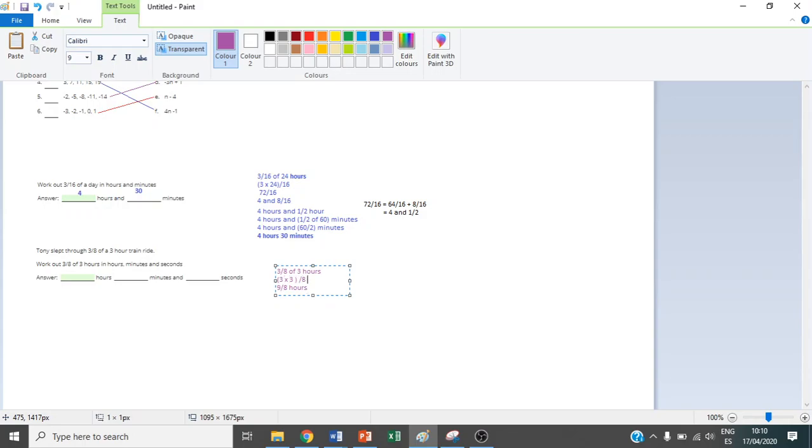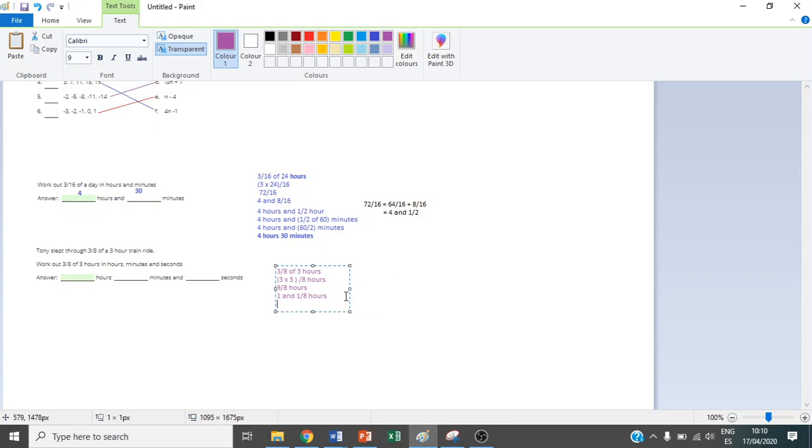Okay, so I need to think that's a top-heavy fraction. I need to turn that into a mixed number. How many 8s go into 9? There's 1 whole 8 in 9. And that leaves me with 1 left over, right? Because 1 times 8 is 8, and I need 9/8. So 1 left over 8. Okay.